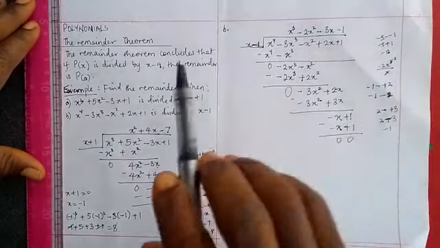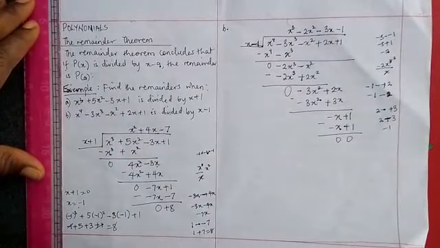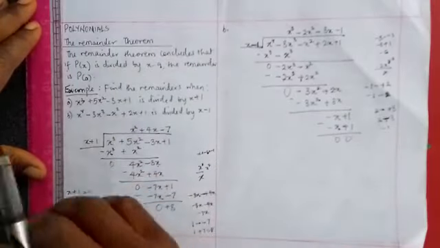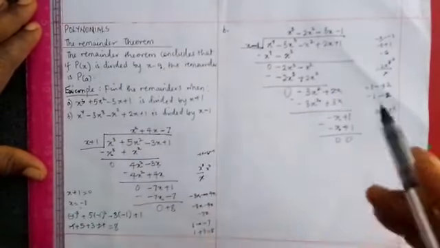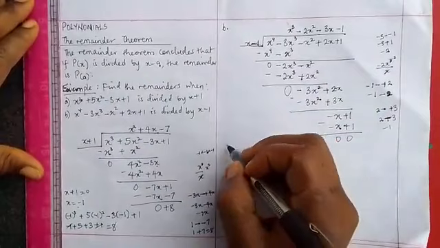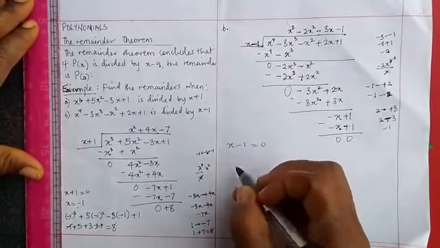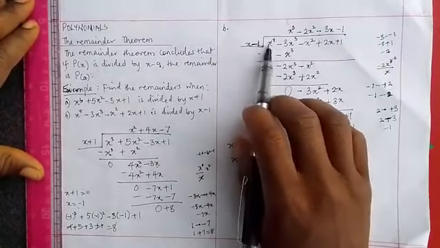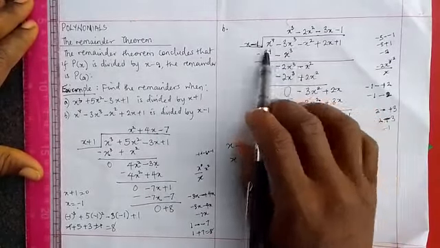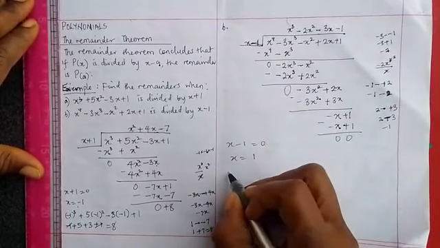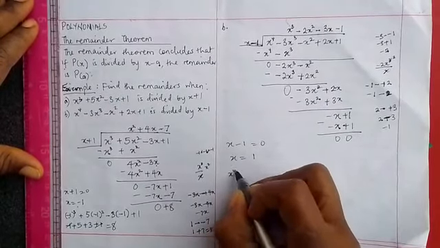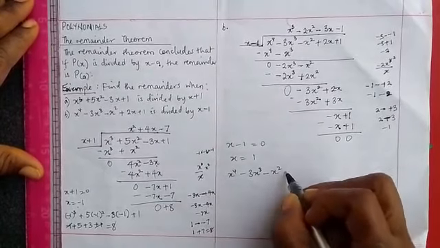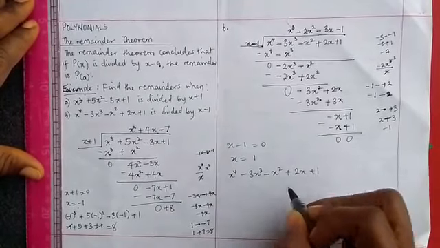If we are to apply what the theorem states, if they ask you to find the remainder of this one, maybe in your objective, you can as well try it this way. x minus 1 is equal to 0, so that our x is now equal to 1. You input the value of x into each of these polynomial. So we have x raised to the power of 4 minus 3x cubed minus x squared plus 2x plus 1.